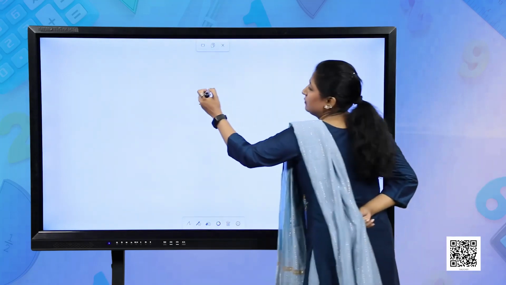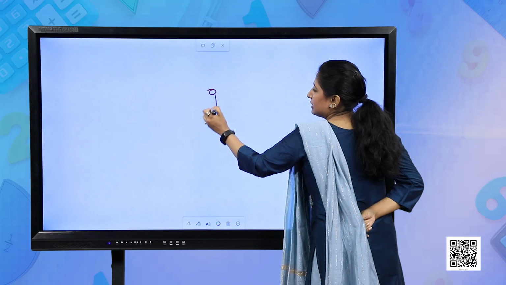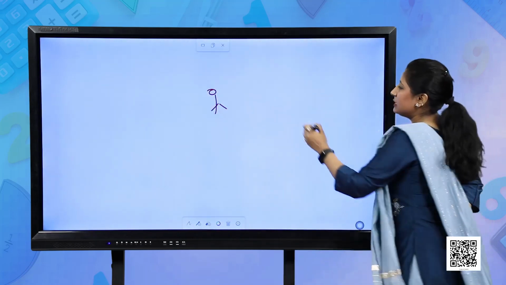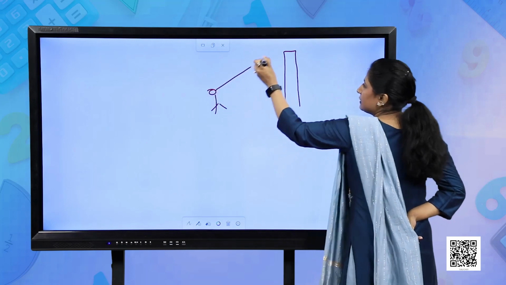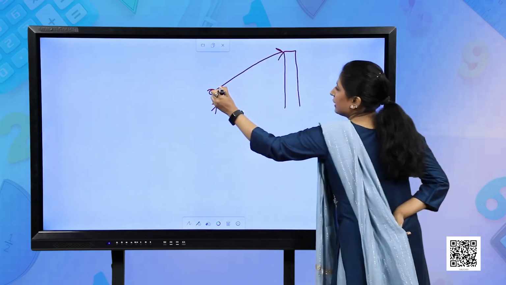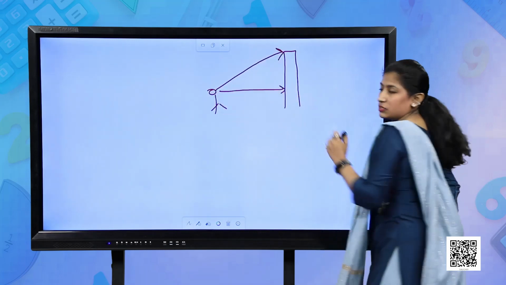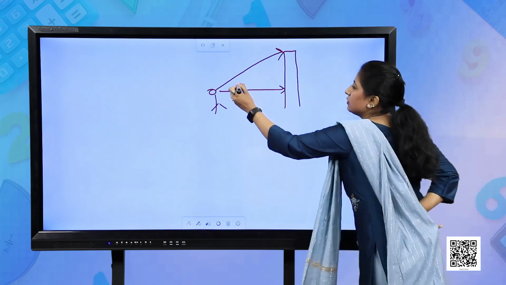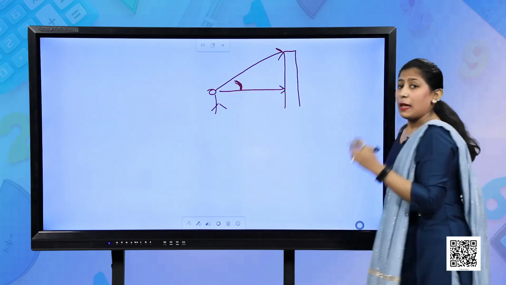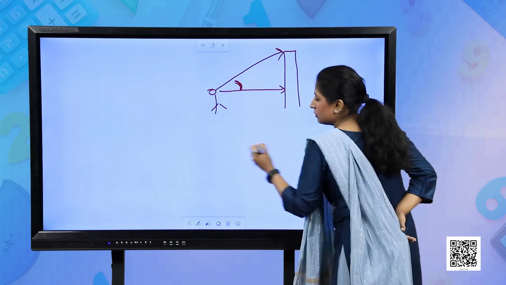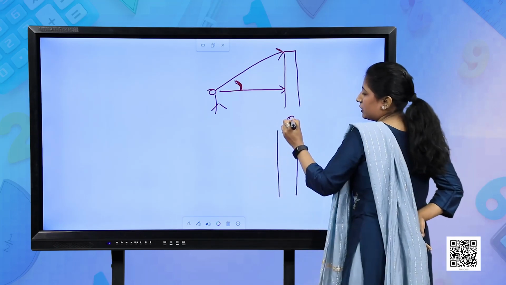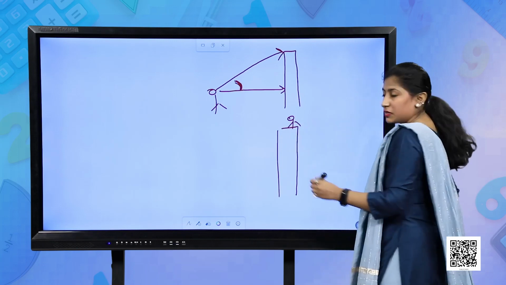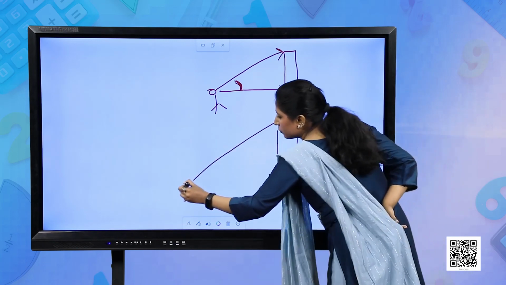See, suppose a person is standing here and the person is looking at a building. So this is the line of sight and this is horizontal. This angle is angle of elevation. But suppose a person is at the terrace of the building and the person is looking at the ground.